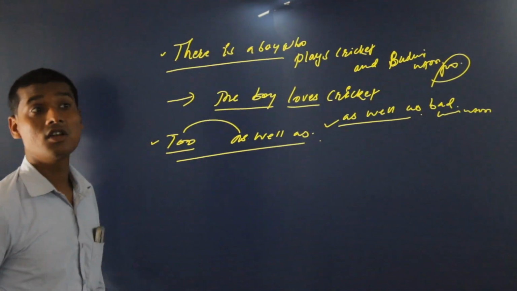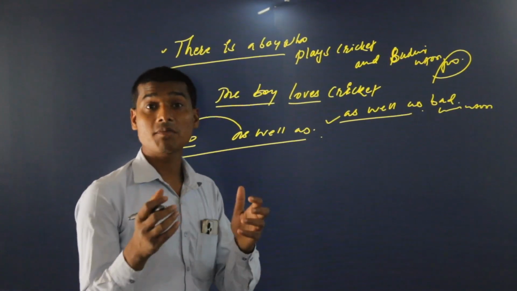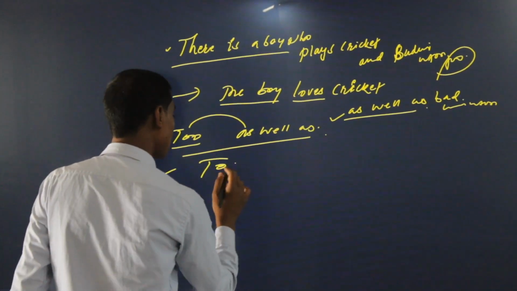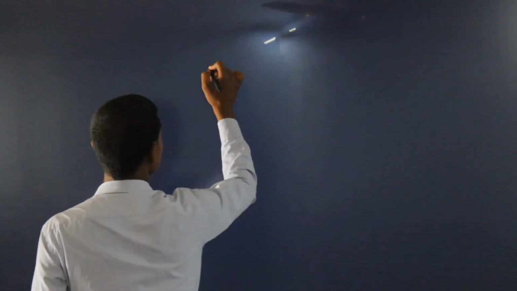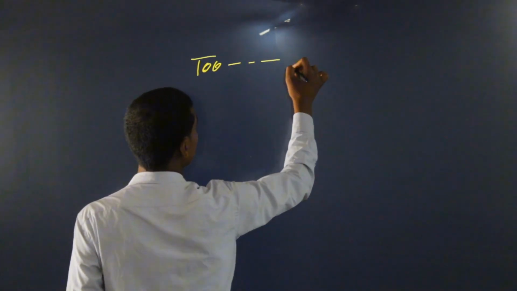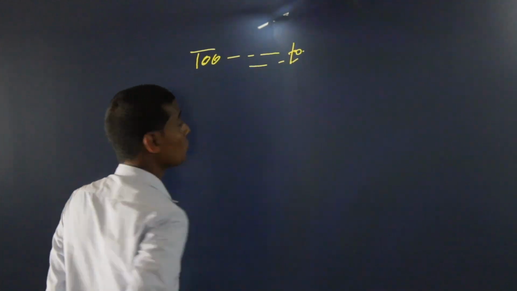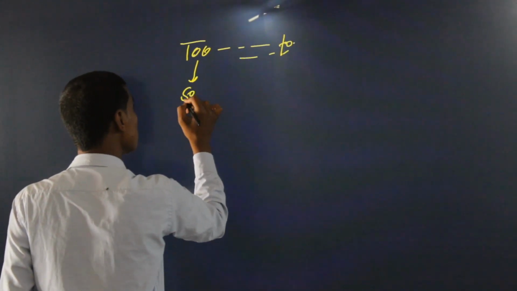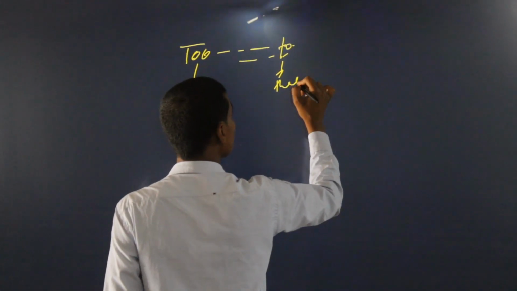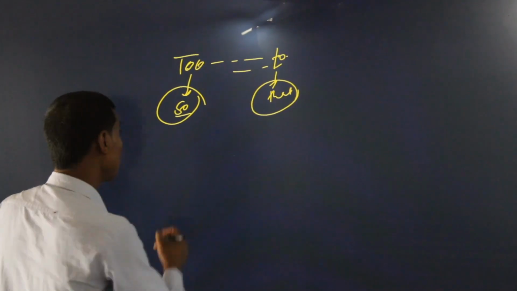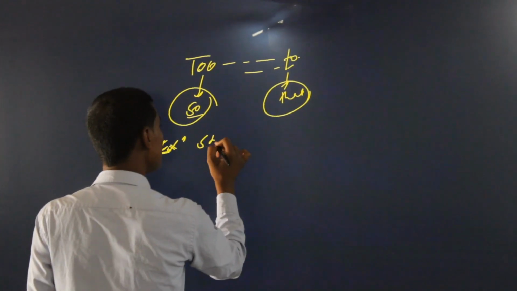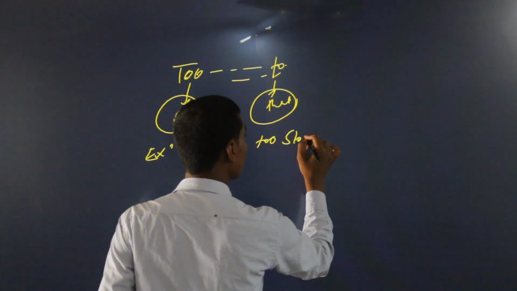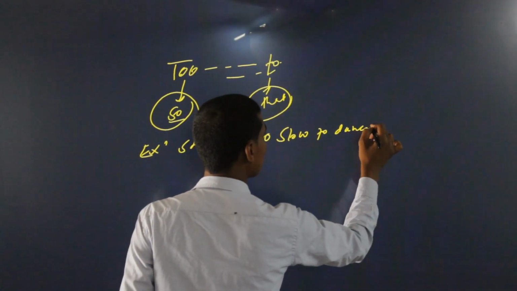Now another case is to be seen when we talk about the chapter removal of too. The case is that sometimes we have double too in a context. One too and double too. So what we do is we change this too to so and this too to that. Let's see how we do in a simple way. For example, she is too slow to dance.